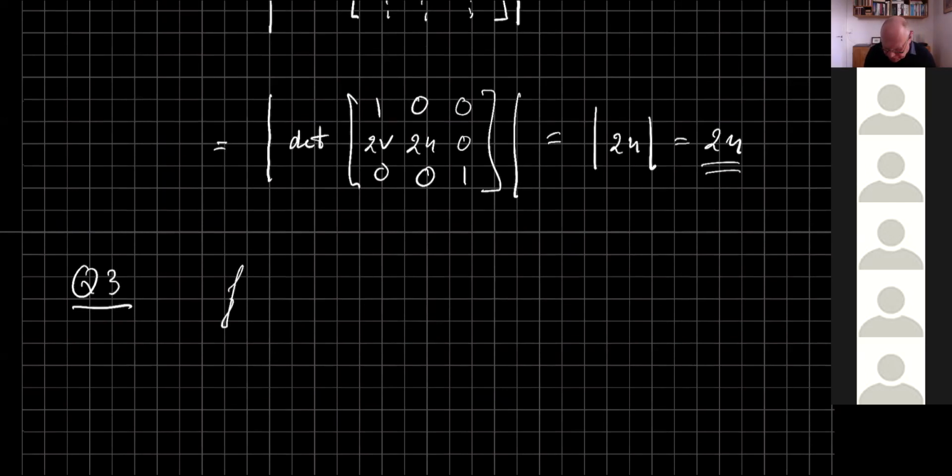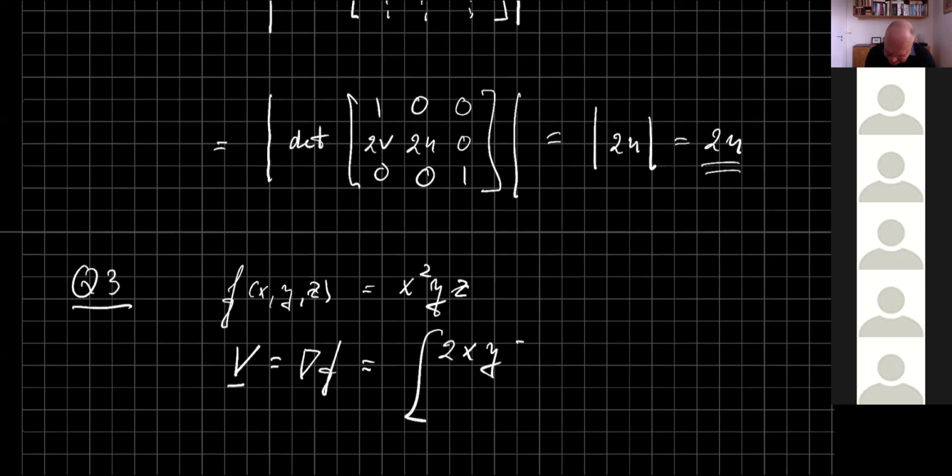So we have this function here, x squared y z, and then we have a vector field, which is the gradient of f, and this will be 2xyz, x squared z, and x squared y.